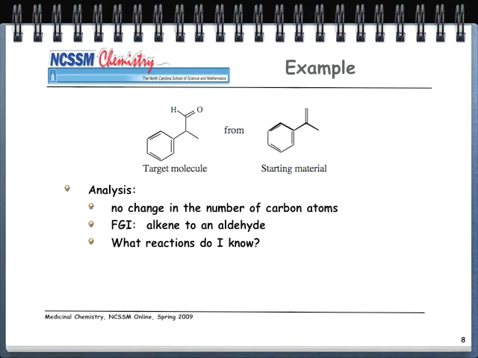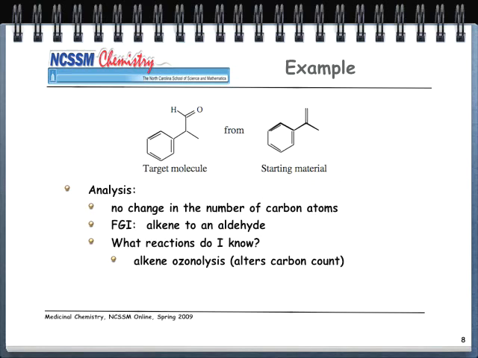And now the question is, what reactions do I know? Well, I know a reaction that's called an alkene ozonolysis. Lysis means to cut, and ozone means we're doing that with ozone or O3. So that might be one of the reactions I think about using. The problem is that particular reaction, and I would have learned this in my organic chemistry class, is that it alters the carbon count.